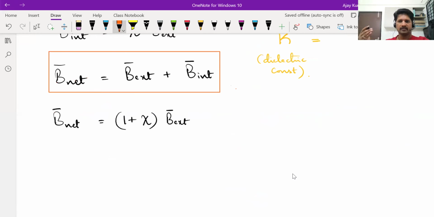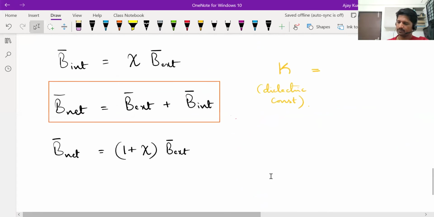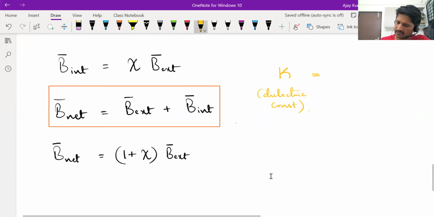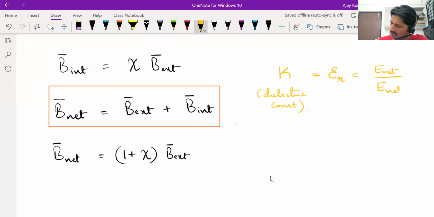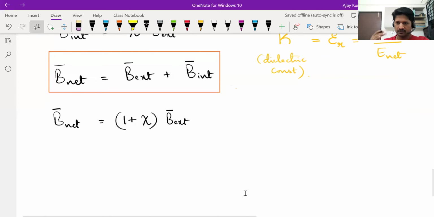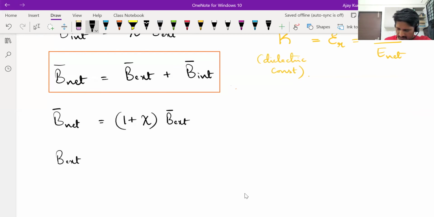Okay, K, dielectric constant, is relative permittivity. You can write it as epsilon R, and it's defined as magnitude of external field divided by net field. Okay, that is in electrostatics. Similarly, in magnetism, you can take that ratio, B external divided by B net.